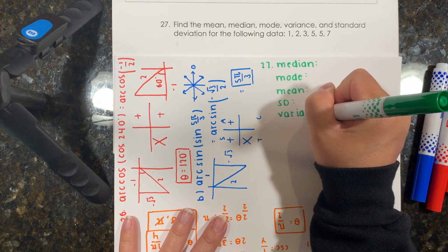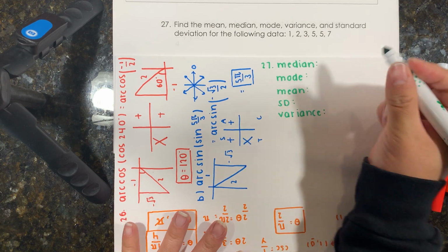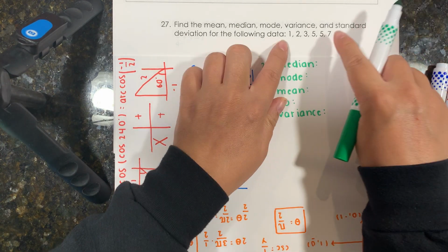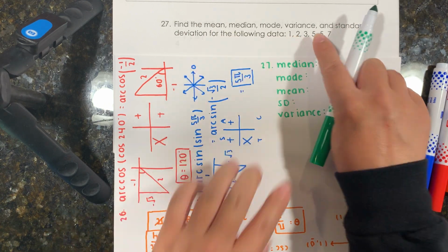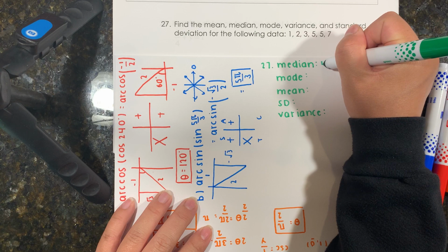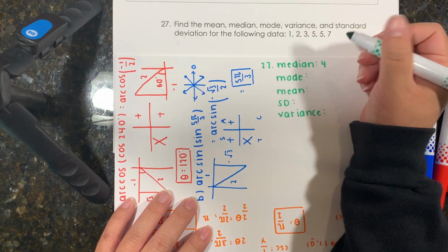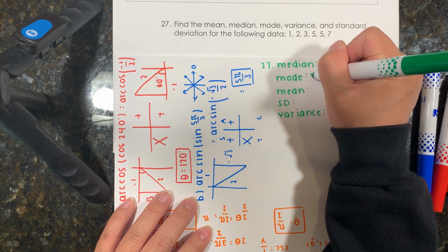The reason I'm doing that is because I'm going to use my calculator for all of those. So for the median, it's the middle number. So it's the middle number between 3 and 5, which would be 4. The mode is the number that shows up the most, which would be 5.